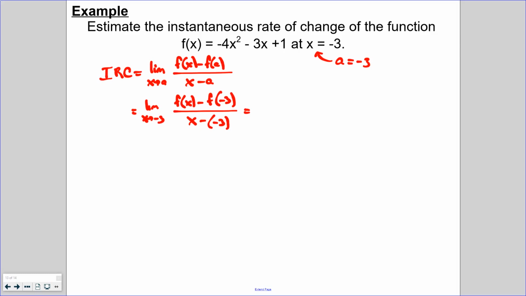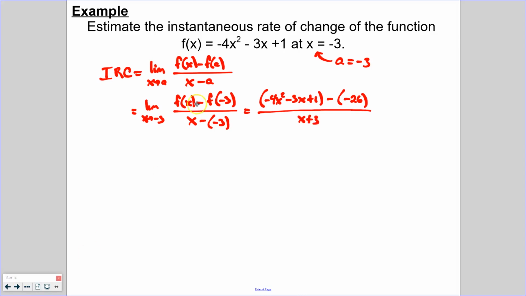And that's going to give us negative 4x squared minus 3x plus 1 minus, and then when we substitute in negative 3 into our function, we're going to get negative 26. And in the denominator, x minus negative 3 is going to change into x plus 3.